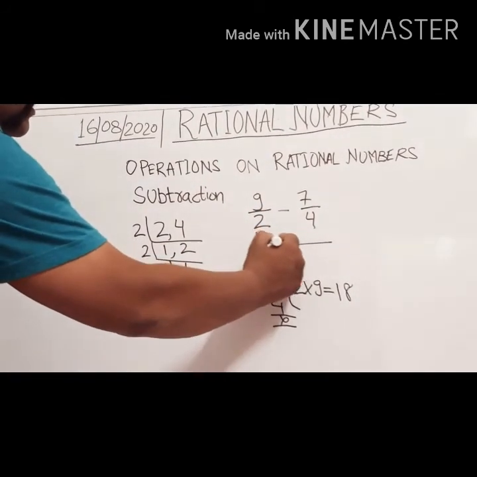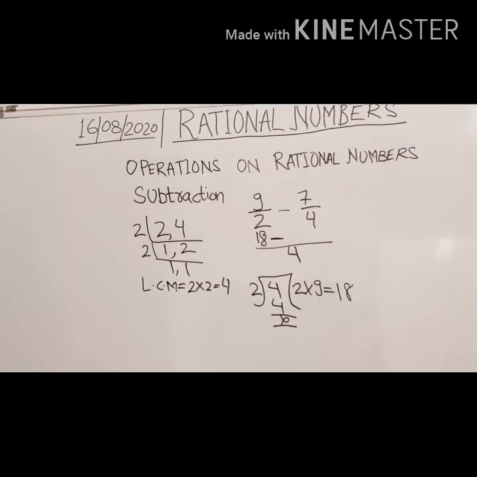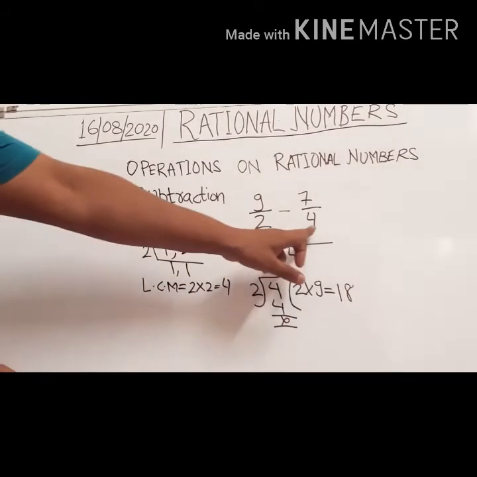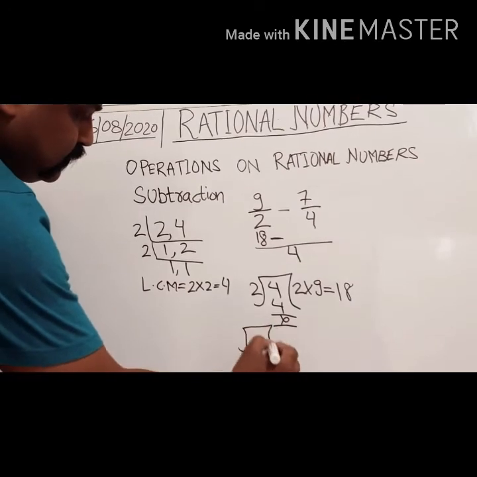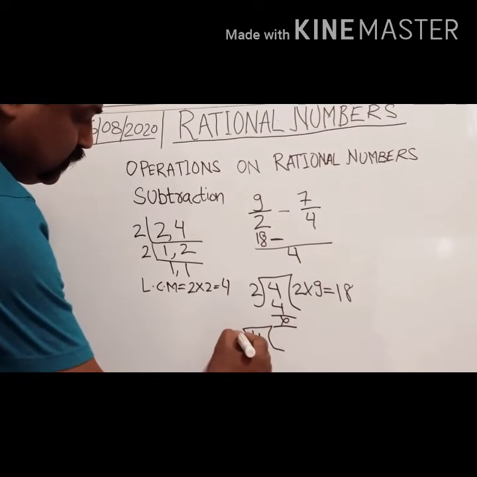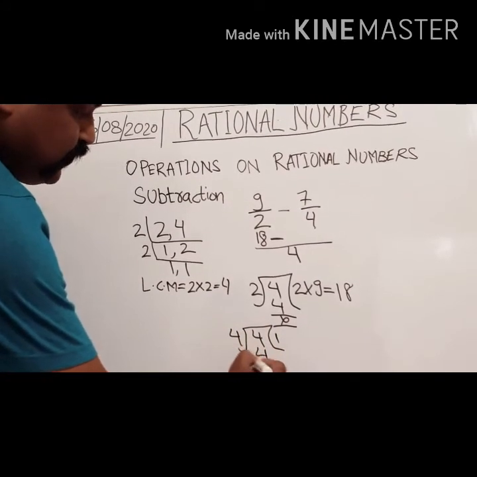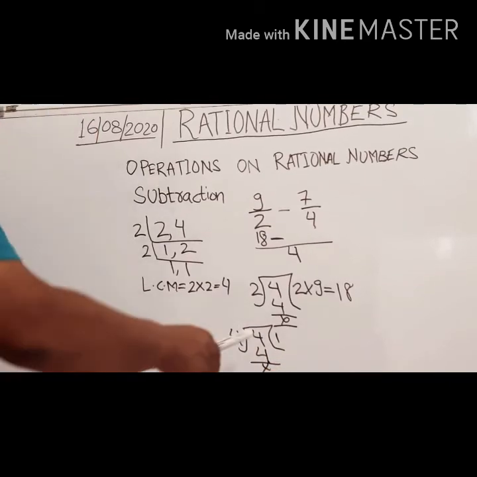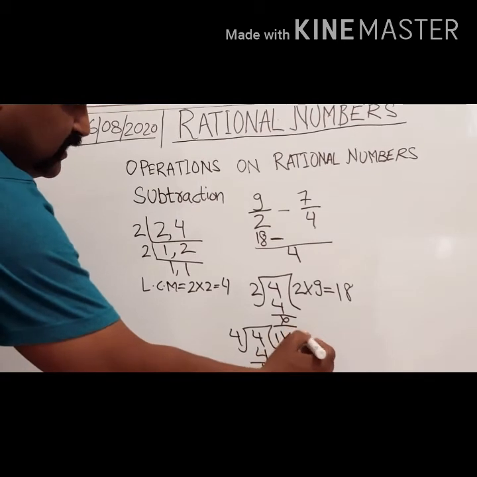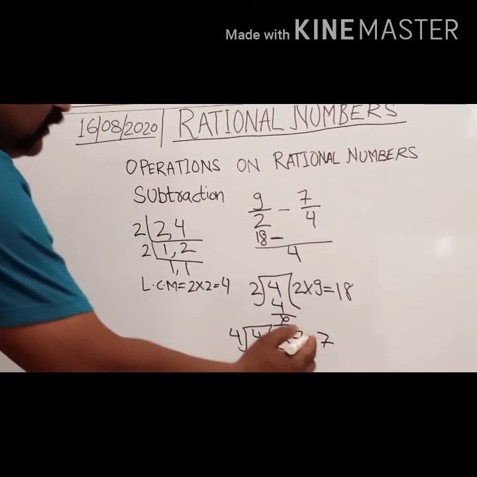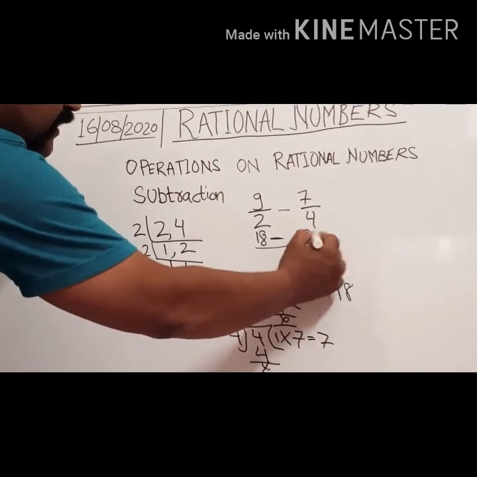Here we will take this minus sign. Now divide this 4 by 4. 4 ones are 4. Again this 1 will be multiplied by this numerator 7, it is 7. This 7 will be written here.